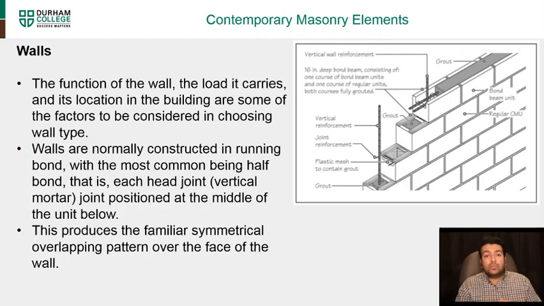Walls are normally constructed in running bond, and this produces a familiar symmetrical overlapping pattern over the face of the wall, which basically means the block on top is always placed halfway on the block on the bottom. This is the most common, being a half bond method that we use. So the joints are positioned at the middle of the unit below, and they keep on going to build a wall.